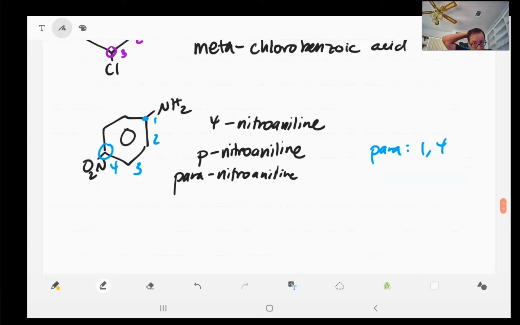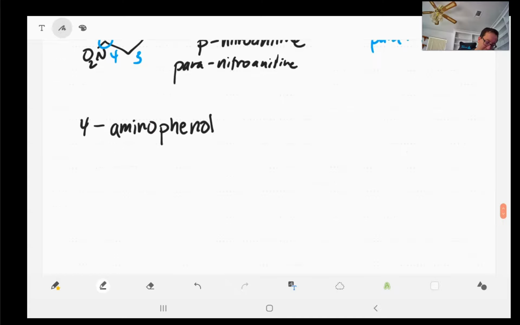All right, something you've used for your acetaminophen synthesis, 4-aminophenol. We can take a look at this as well, or we could call it para-aminophenol, either way. Still a 1-4 relationship.